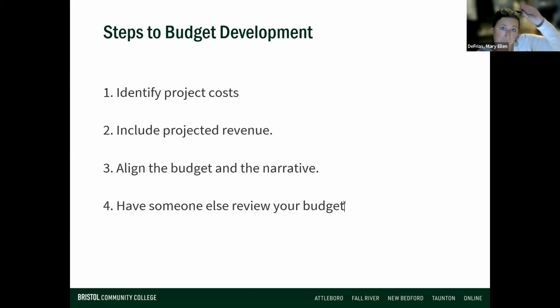Like we said, when we start to develop the budget, we need to identify the costs and the revenue, and then talk about how you're going to sell that. Remember, a budget is both an internal document and an external document.